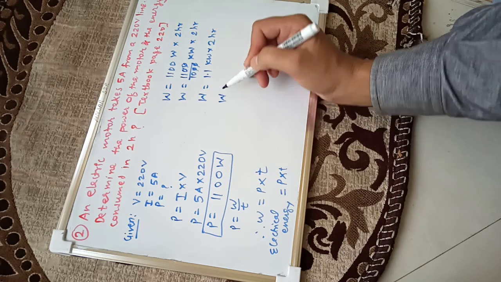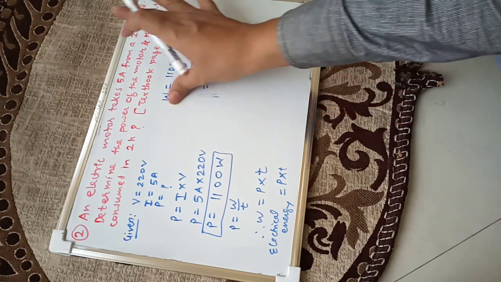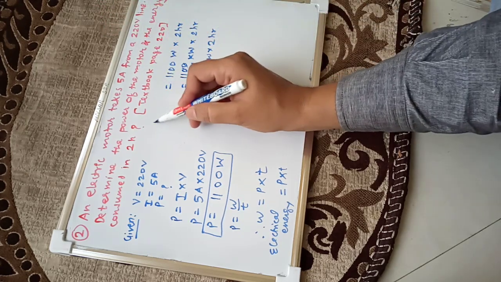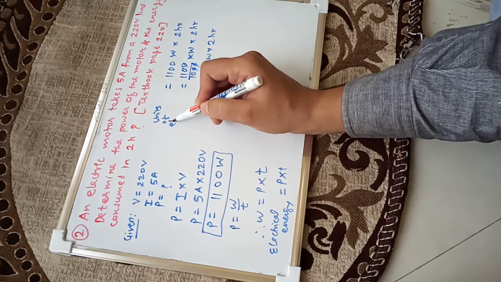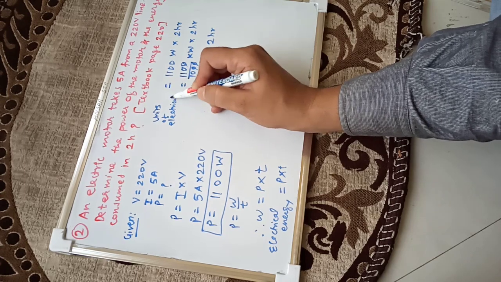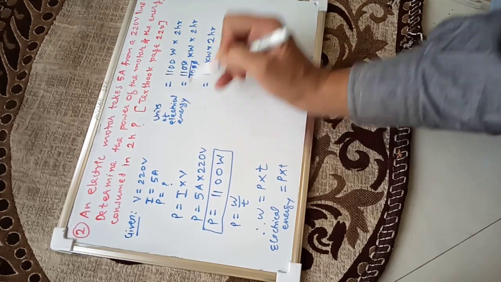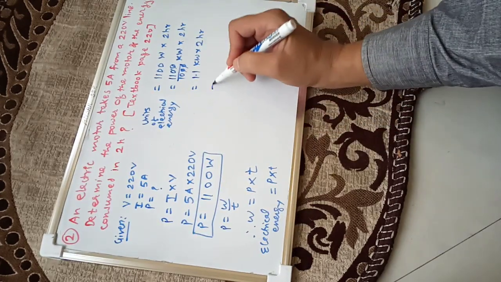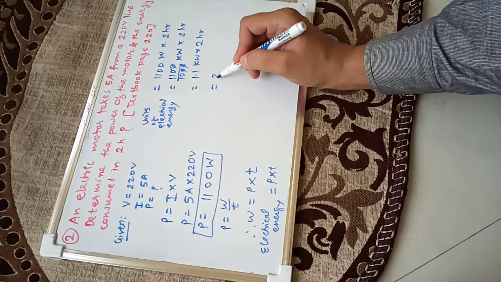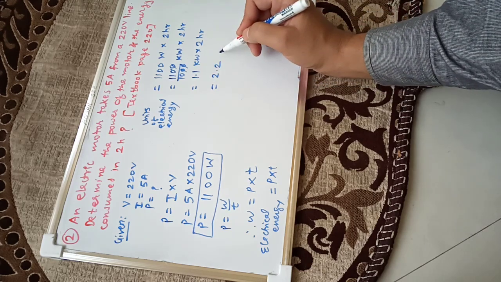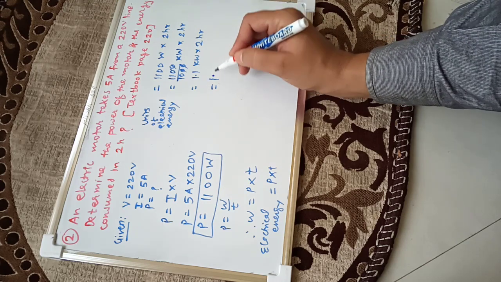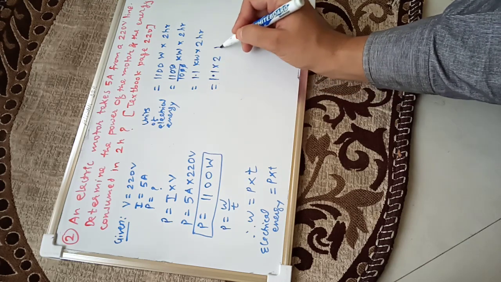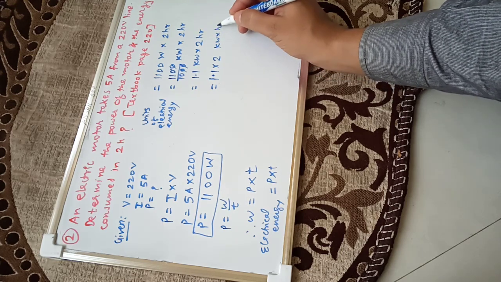So work done, sorry I am writing work again and again. Let me write units of electrical energy. And that will be 1.1 into 2, which is 2.2. We will write the numbers together, 1.1 multiplied by 2, and here it will be kilowatt into hour.